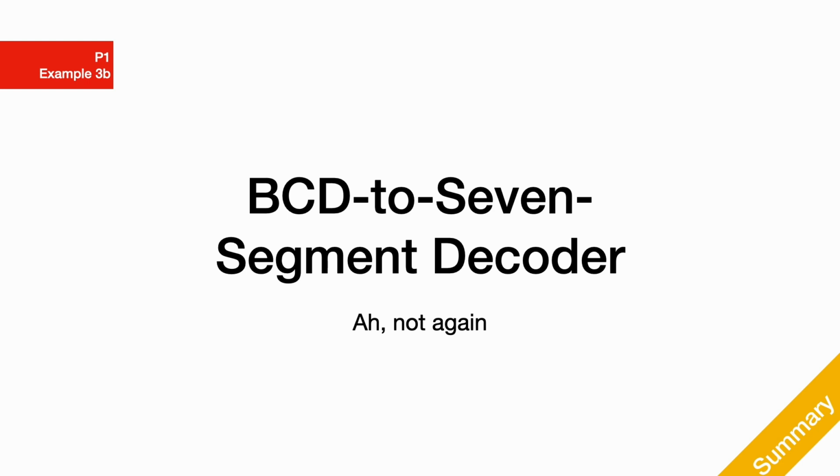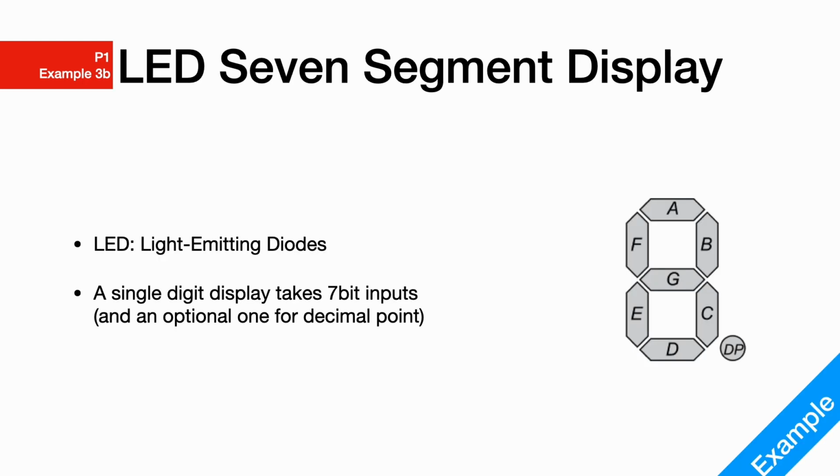So, let's jump right into the first example of this lecture, a BCD to 7-segment decoder. To understand exactly what we're trying to do, the first thing you need to understand is what exactly is an LED 7-segment display. The 7-segment display has the formulation on the right hand side.